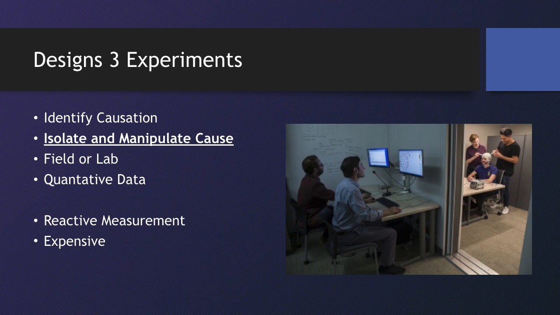And again, that's the whole point, is that if we manipulate that cause, meaning we change it, then if nothing happens, then we know that's not the cause. So for example, if we think that relationships break up more when the room is hotter, we might bring couples.